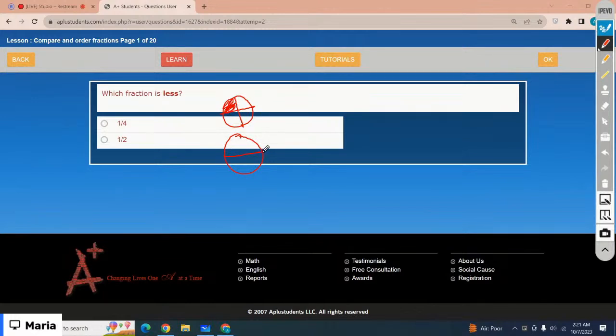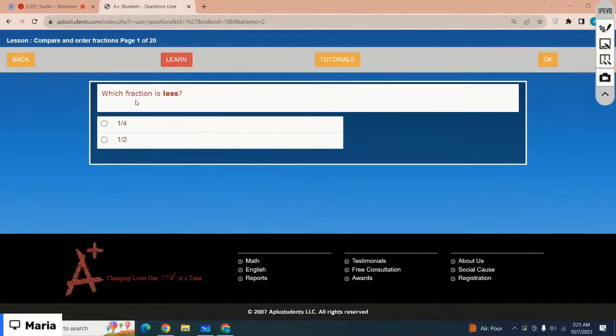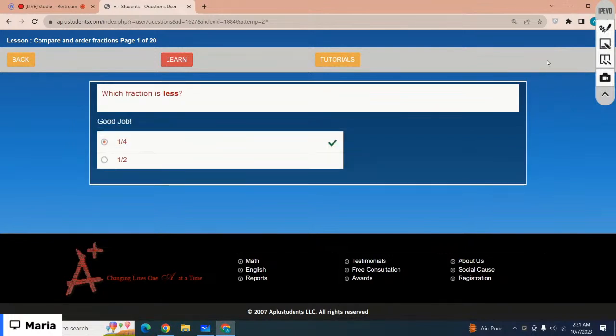For 1 over 2, half of them is colored. So which is less? Obviously the one that is less colored is the smaller one. So 1 over 4 is less than 1 over 2, right? You can compare them either by making their denominators the same or by making a model. So 1 by 4 is less than 1 over 2.